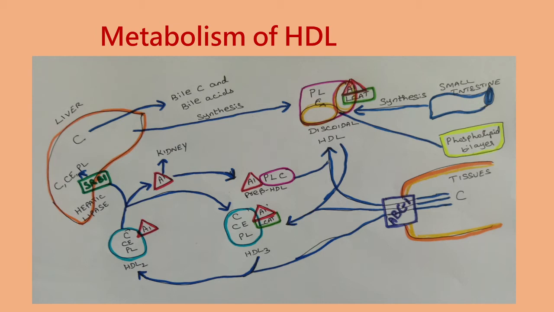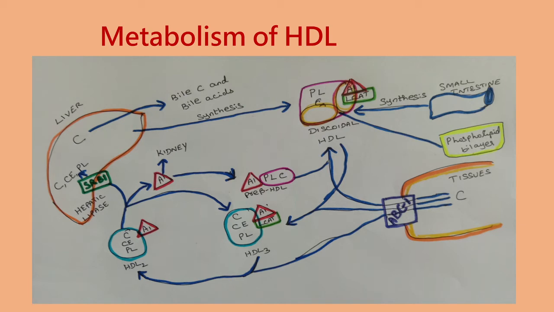After being accepted by HDL3, the cholesterol is then esterified again with the help of LCAT, increasing the size of the particles to form the less dense HDL2. So from HDL3 you derive HDL2.